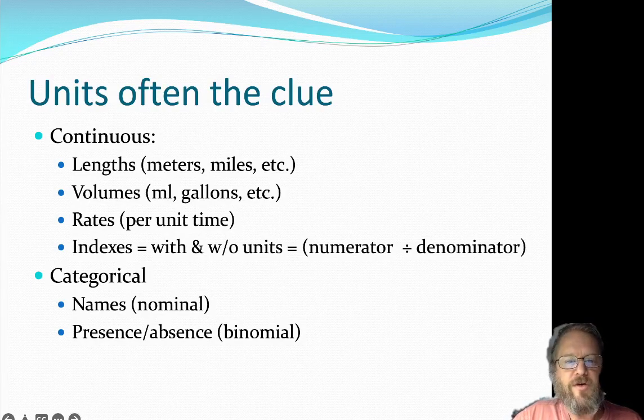But indexes are almost always going to be ratio scale. Okay, and categorical: names of persons, names of places, names of species. Those are classic examples of nominal data type. Presence, absence, yes, no, well then that's clearly binomial.